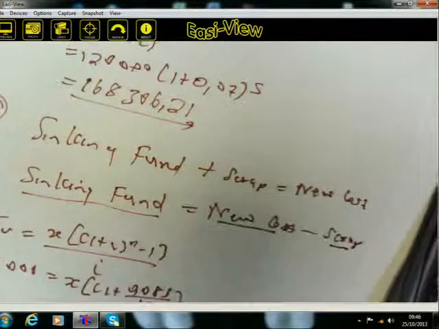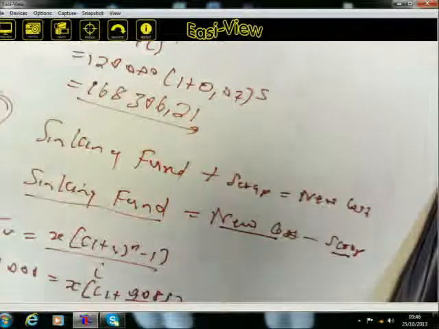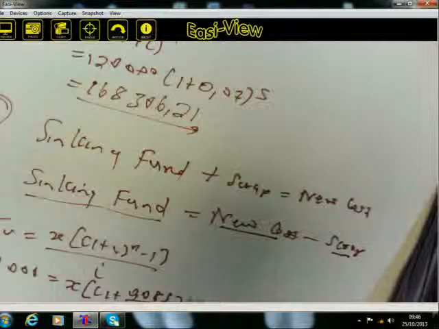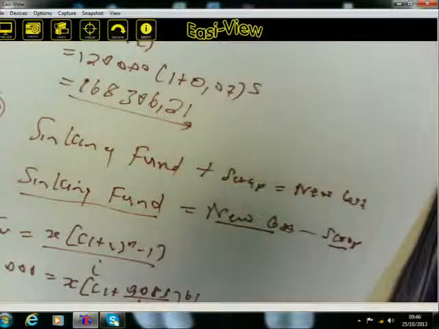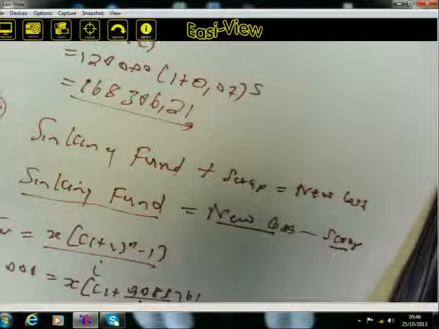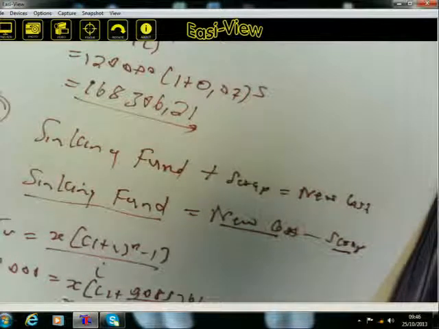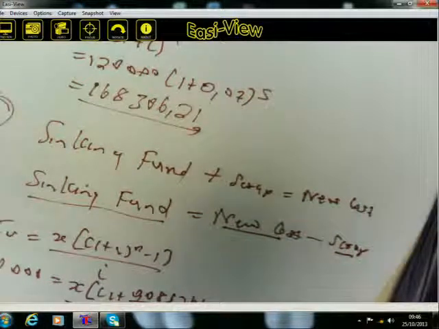But is it 60? No. The first payment will be made immediately. So from that 60, you add 1, then that will be 61. And then minus 1, and then divide by 0.085 over 12.